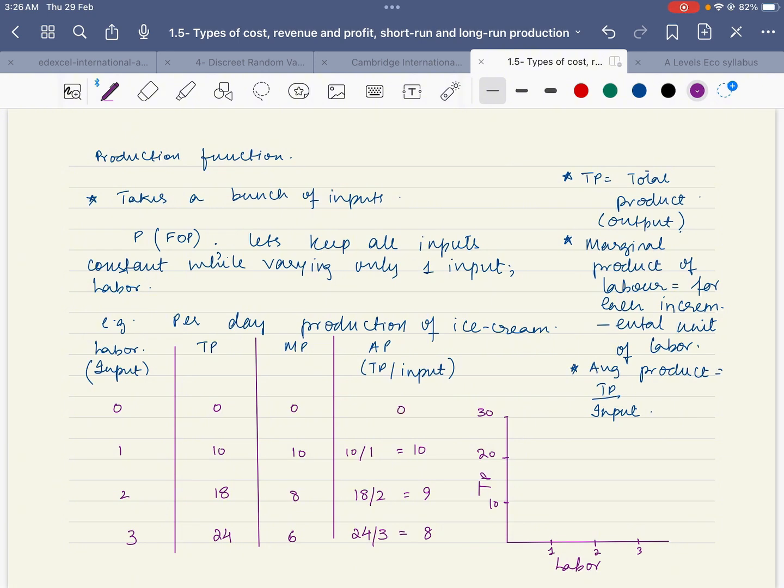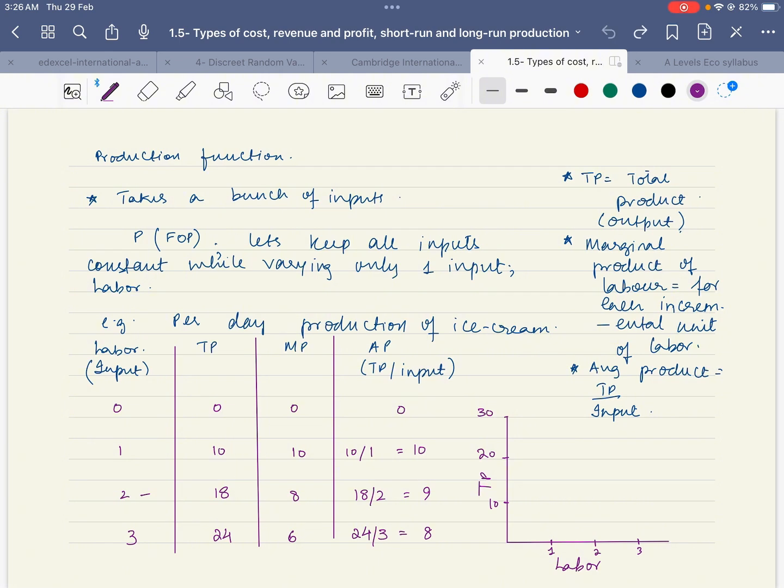Now, when 1 unit of labor is put in, 10 units of total product are produced and there is no incremental product, so the marginal product is also 10. But at 2 units, we see that total product is 18. So marginal product will be 18 minus 10, which is 8.